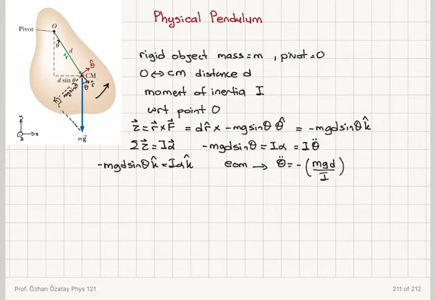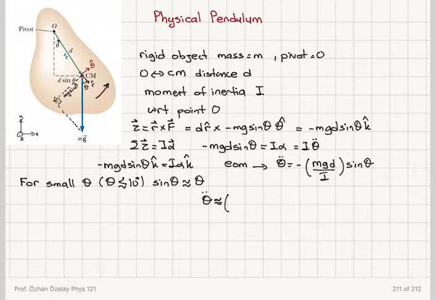So I find that the equation of motion is going to be theta double dot is equal to minus mgd over I sine theta, which is not in the form of simple harmonic motion, but for small angle oscillations, for small theta, that is theta less than 10 degrees or so, I can replace sine theta approximately with theta.